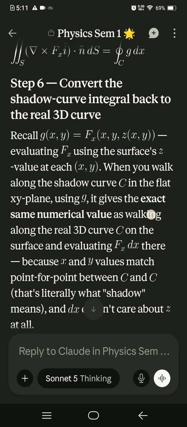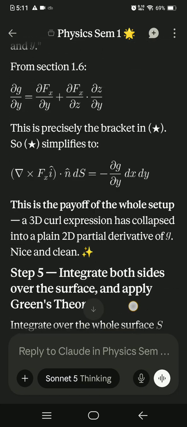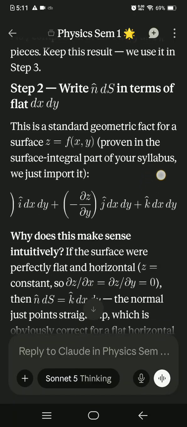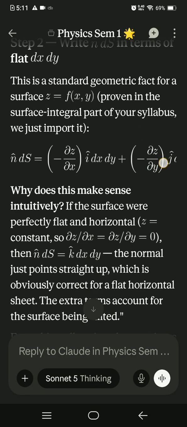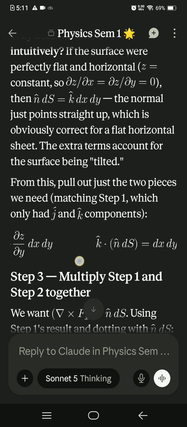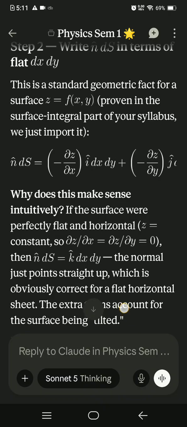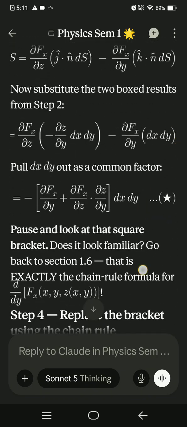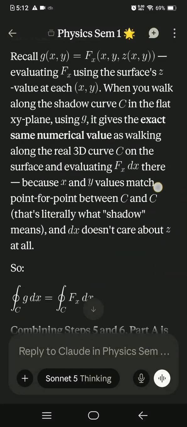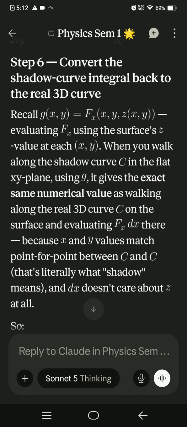I did not understand this part. Let me look again, one minute. Step 2 I had understood. Yes, there is some confusion in step 2 as well, a little. And then step 6, recall this equals this, evaluating fx using the surface. g is xy and what do you mean?